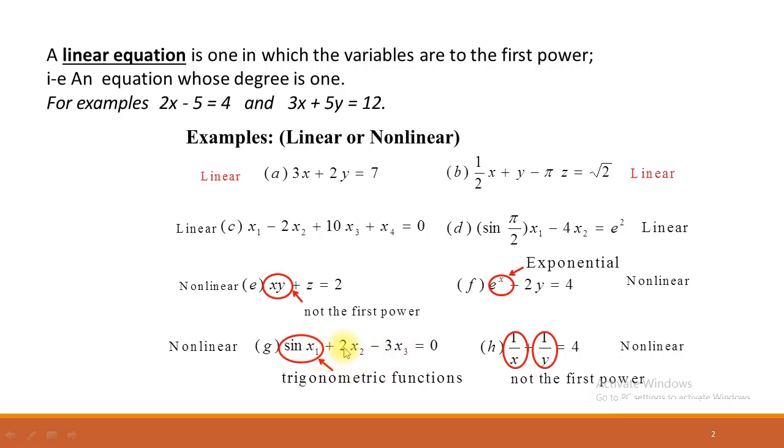Due to this trigonometric transcendental function, the equation is non-linear. And 1/x plus 1/y is equal to 4. This equation is also non-linear because 1/x and 1/y, these two terms are not in the first power.